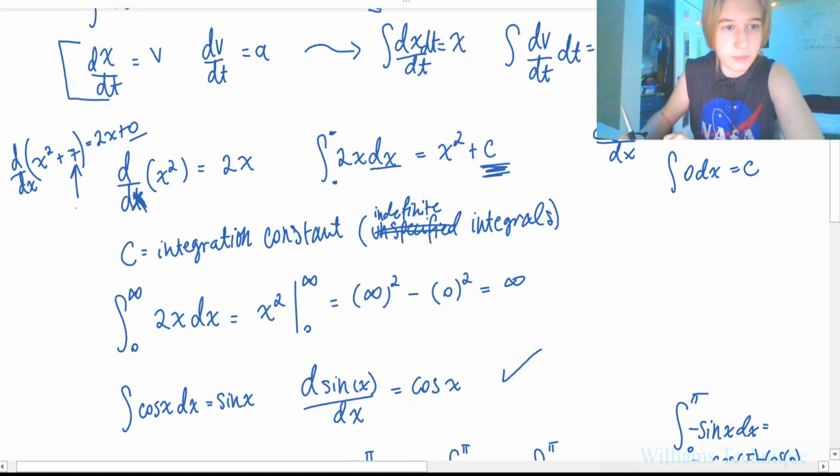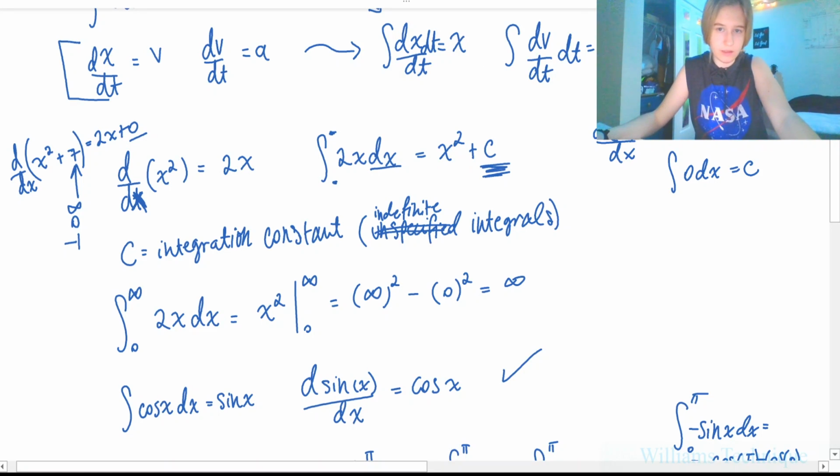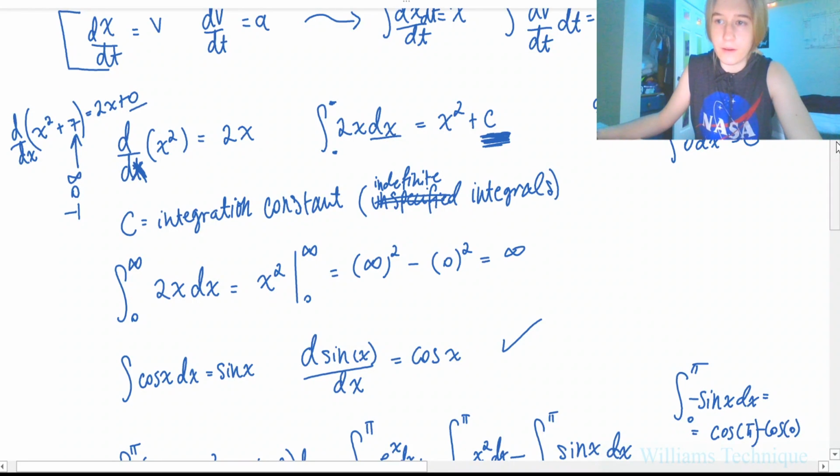So this number could be literally any number. It could be infinity, it could be 0, it could be -1, or anything. That's why we put the integration constant after we integrate.